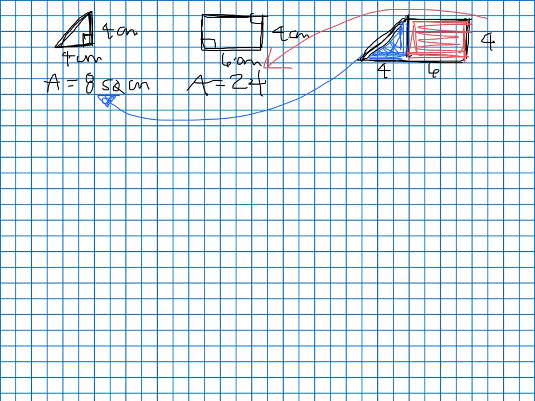Oops, I forgot to label that. I apologize. Hopefully you caught my error there. Now, to figure out the area of this complex figure, we add the area of the triangle plus the area of the rectangle, and we get a total area of 32 square centimeters.